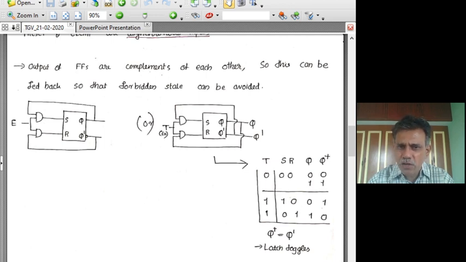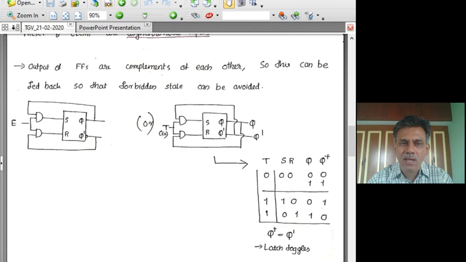So in effect, if you only concentrate on the effect on the output of the SR latch because of a 1 in the T input, we will see that if Q was 0, it becomes 1. If Q was 1, it becomes 0, which means that it changes its state, or it flips, or it toggles.